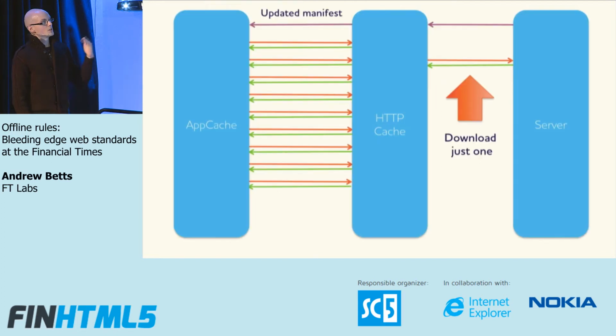So when you then issue a new manifest, the app cache will wipe everything that it previously downloaded, and it will re-download everything. But almost all of those resources will be in the normal browser cache, the HTTP cache. So they'll be served from the browser cache to the app cache, and will repopulate the app cache without a network request.